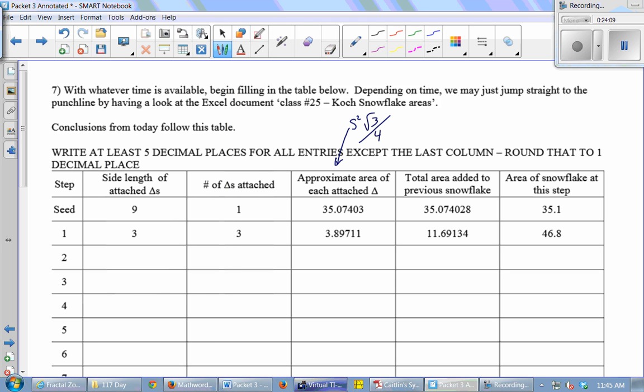And then each triangle that I added on has that area, and I added 3 of them. So you do 3 times the area of each one, and that's the total area that you added on to the seed. Does that make sense? Okay. And then you take this area that you added to the seed, you add that to the area you had at the previous step, and that gives you the 46.8 at the end of step 1.